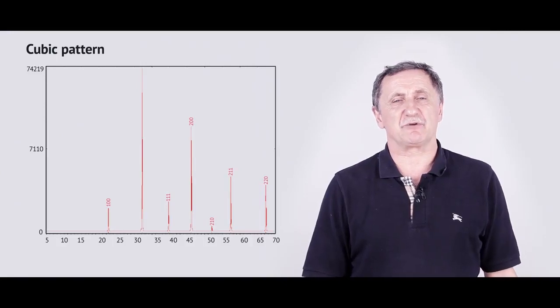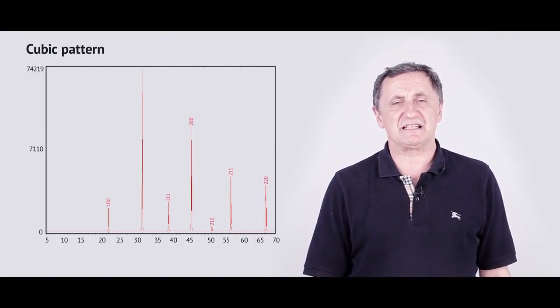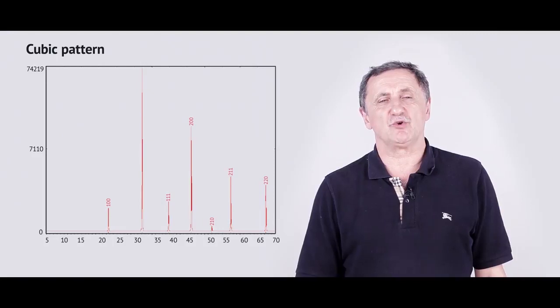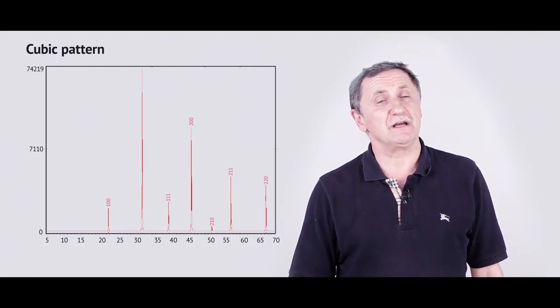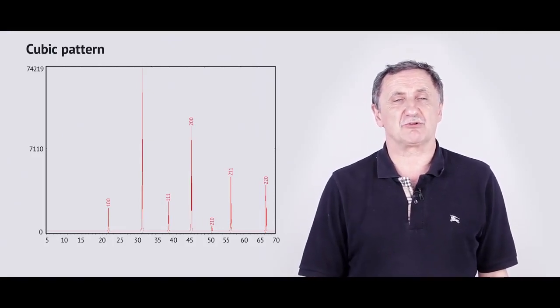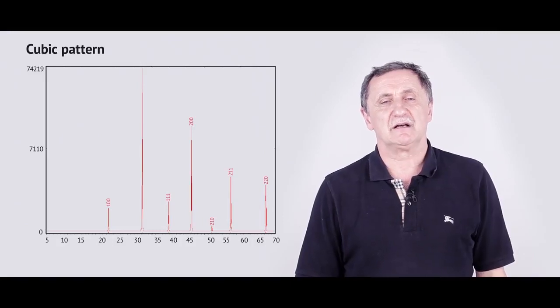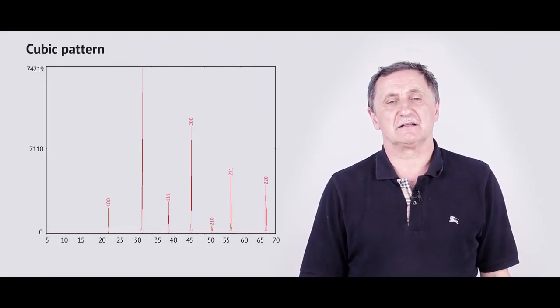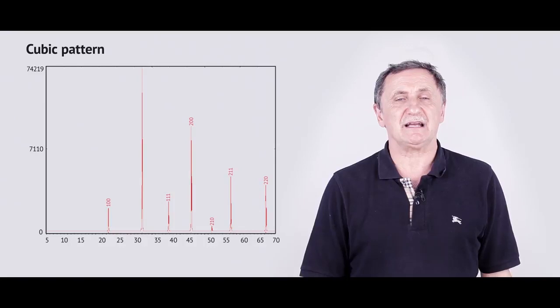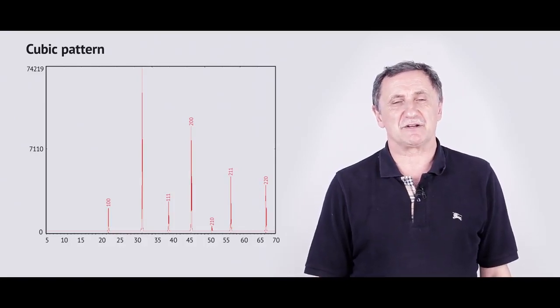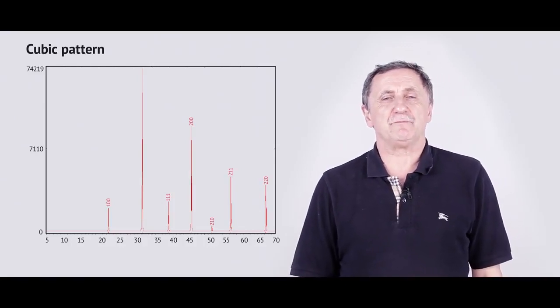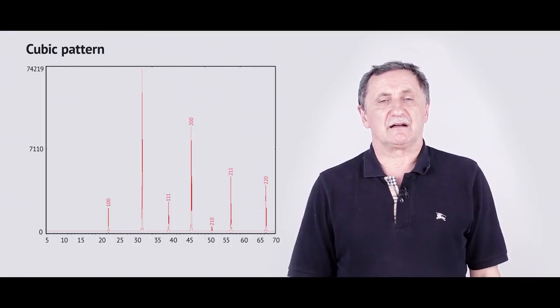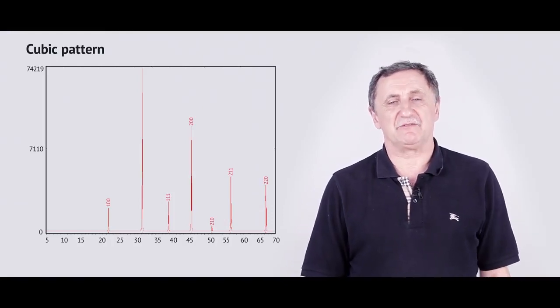Again, from the Bragg formula we can define the d-spacing easily, and then, knowing or assuming what kind of crystal structure you have, cubic, tetragonal, orthorhombic, hexagonal, monoclinic or triclinic, you can calculate the parameters of this structure. So we can give you one example.